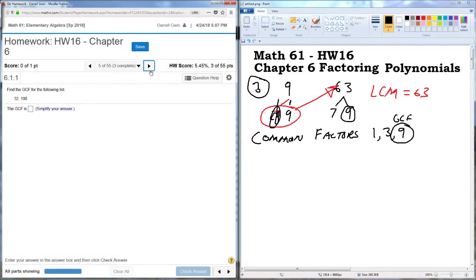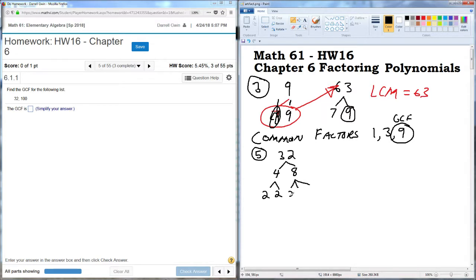More GCF. Let's do number 5. 32 is a bunch of 2s, so let's go 4 times 8, and this is 2 times 2, and 8 is 2 times 2 times 2. 100 is 10 times 10, 2, 5, 2, 5.